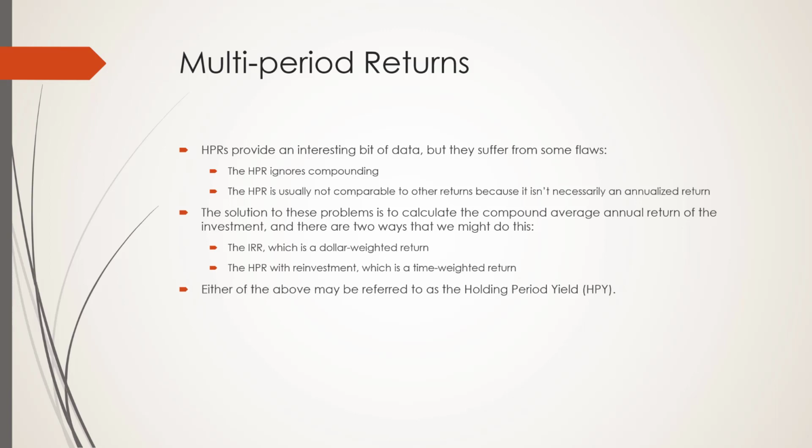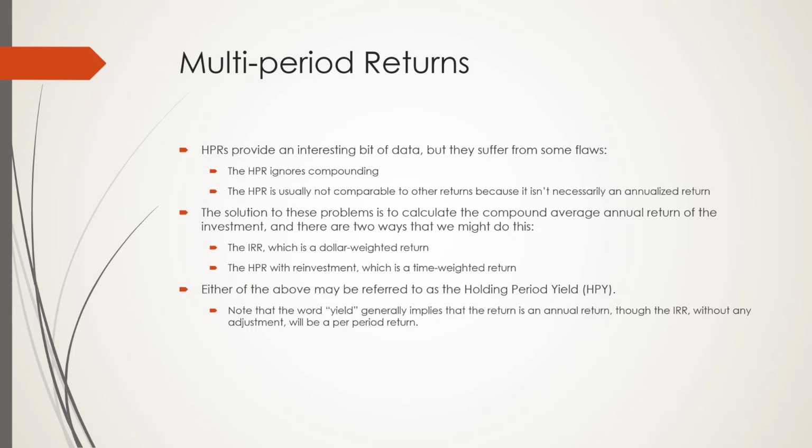Now, both of these could be called a holding period yield. So you could call it a compound average annual rate of return or a holding period yield. Generally, when you hear the word yield, it implies an annual return. Now, note that the IRR, when you just calculate it on your calculator, is going to be per period, whereas the time-weighted return generally is a total return over the whole period.